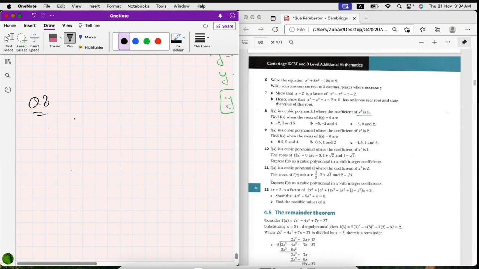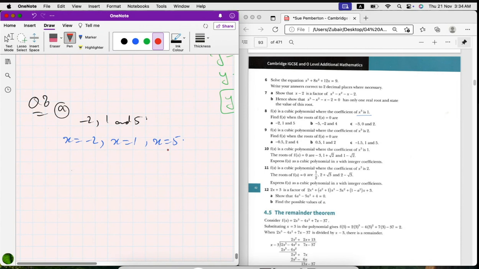Question number 8. It says minus 2, 1 and 5. This actually means x is equal to minus 2, x is equal to 1 and x is equal to 5. Would you agree? X equals minus 2, yeah, and 1 and 5.